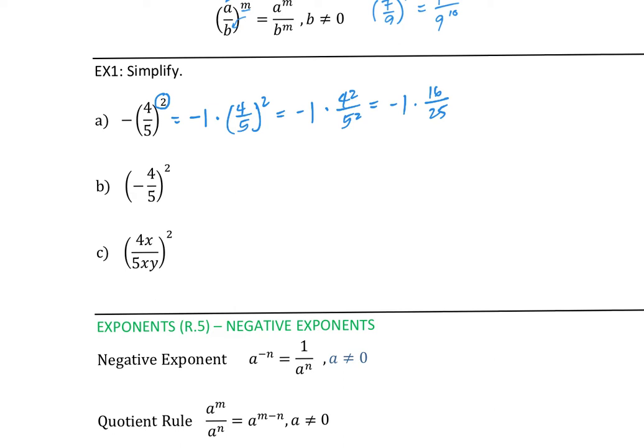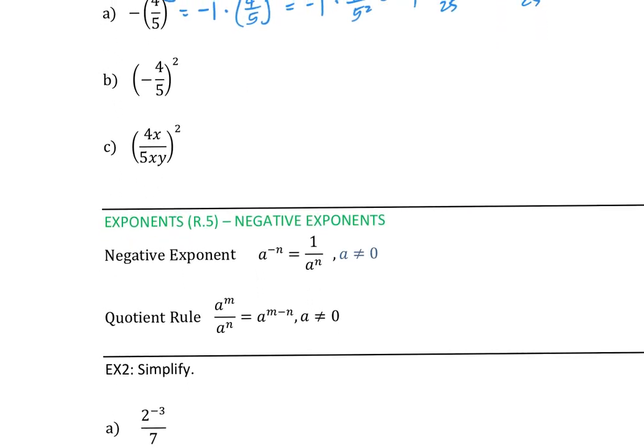So the last step would be to multiply by that negative 1 to get negative 16 over 25. And you didn't have to do all of that. You could have simply realized that the negative would stay and you would just square the 4/5 to get 16 over 25. You didn't have to show all those steps. Again, I'm only showing it because I wanted to show how you use the properties.